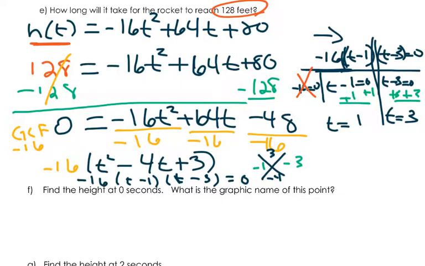Now, we have 2 answers. And in this scenario, it does make sense. If you're thinking about this, the rocket's going to start at 80 feet, right? It's going to go up. Eventually, it's going to hit its peak and it's going to come down. Right over here, okay, that's 128 feet. There's going to be 2 times where it hits it.